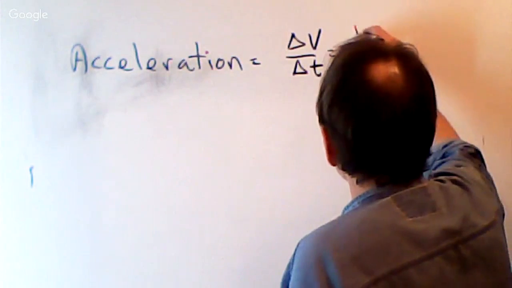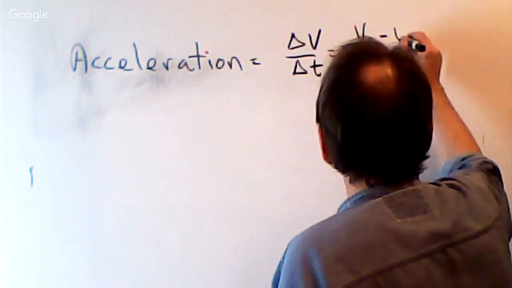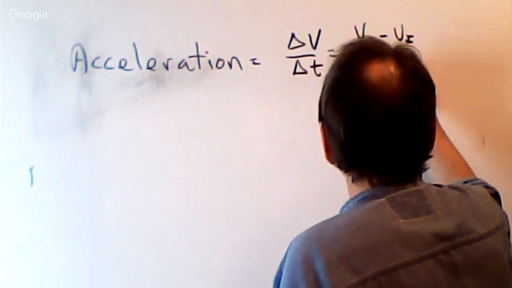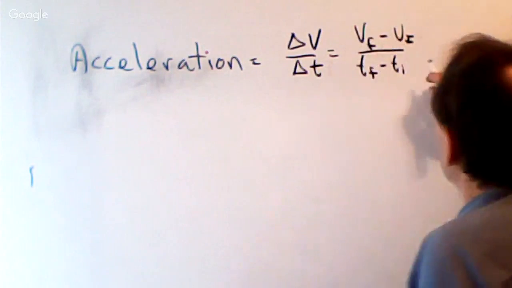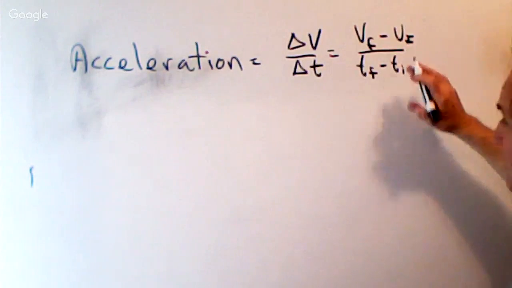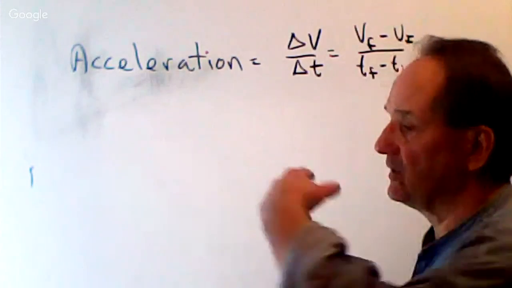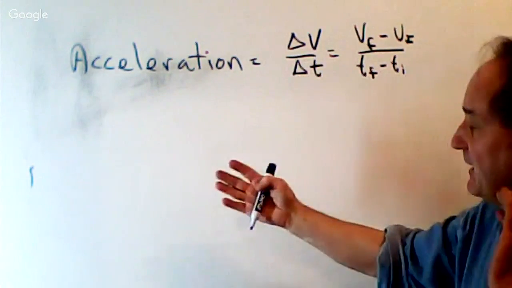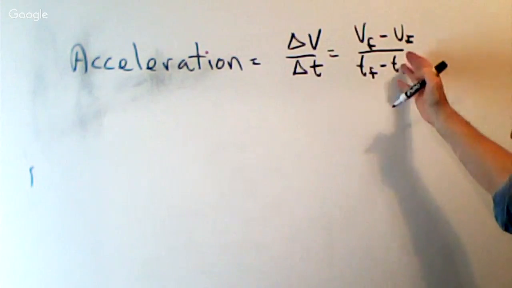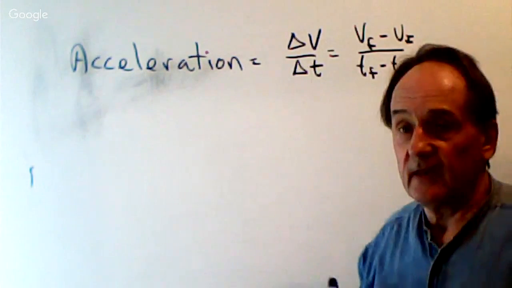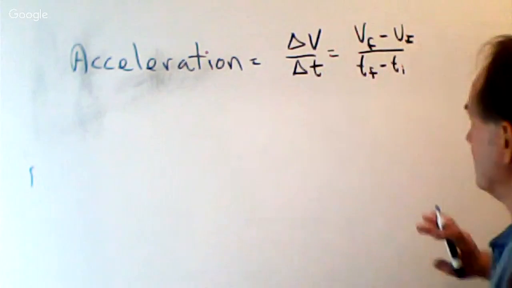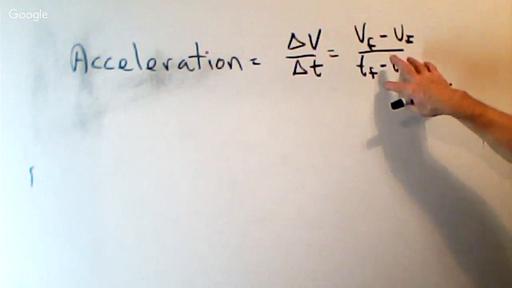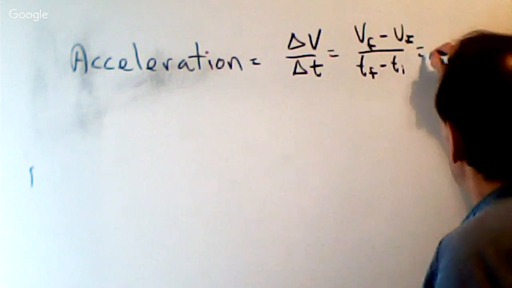We could say that this is the final velocity minus the initial velocity over final time minus initial time. That is, if you have an object that's moving, you measure its initial velocity, you measure its final velocity, and you take that interval of time between those two measurements, ratio them, and that gives you the average acceleration of an object. Now, this can be very deceiving. This is for average acceleration, I'll call it a average.